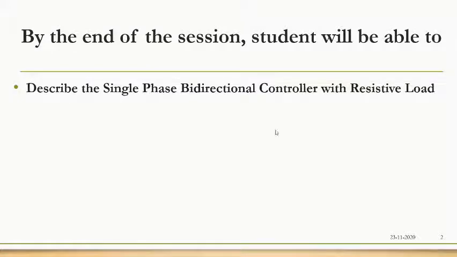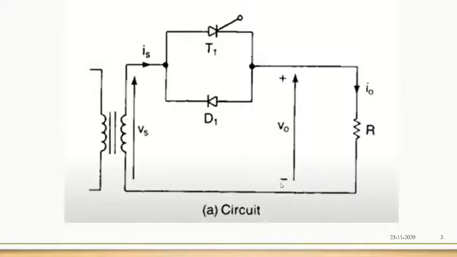If you recall the previous discussion on the principle of phase control, we had the circuit as shown here, which we called a unidirectional controller because of the presence of the diode. Please recall the waveforms we discussed in the previous class.